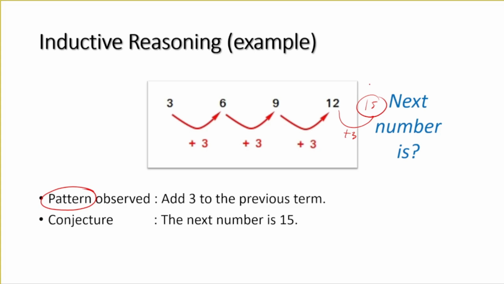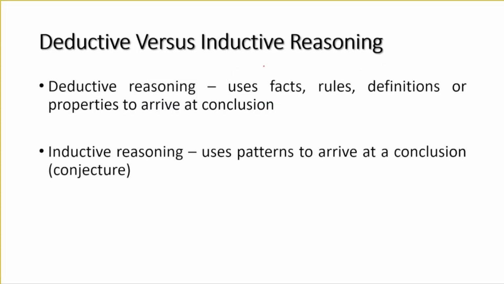So should the next number be 16, guys? It shouldn't, because of the pattern behavior between the previous data, 3, 6, 9, 12, 15, 18, etc. So that will be the pattern observation. So we can call this generalizing the data because of the previous data. Right. Deduction versus induction reasoning. Okay.